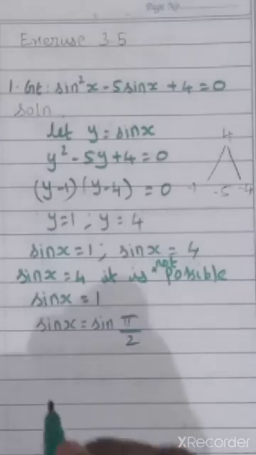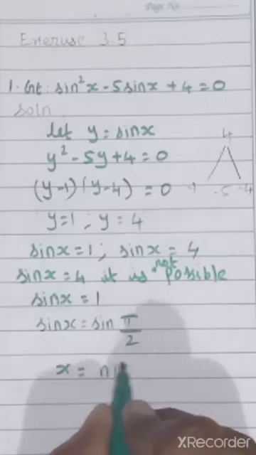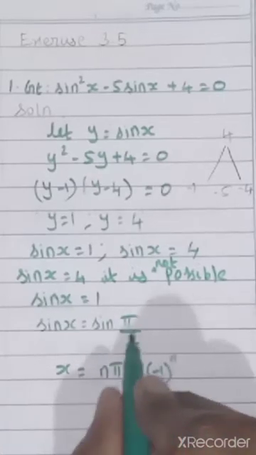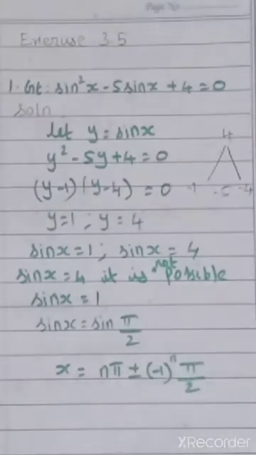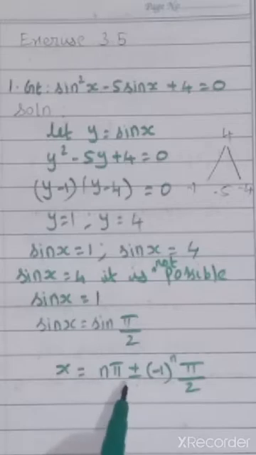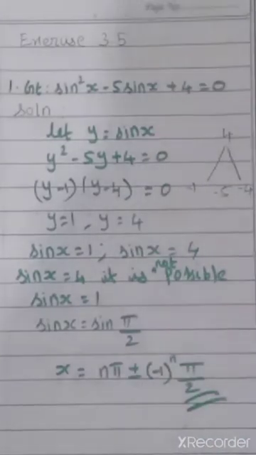So your general term is x equal to n pi plus or minus 1 power n into, what is this value? Pi by 2. So this is your general form. This we have studied in your 11th standard. So what is the general form? X equal to n pi plus or minus 1 power n into pi by 2. Is that clear?